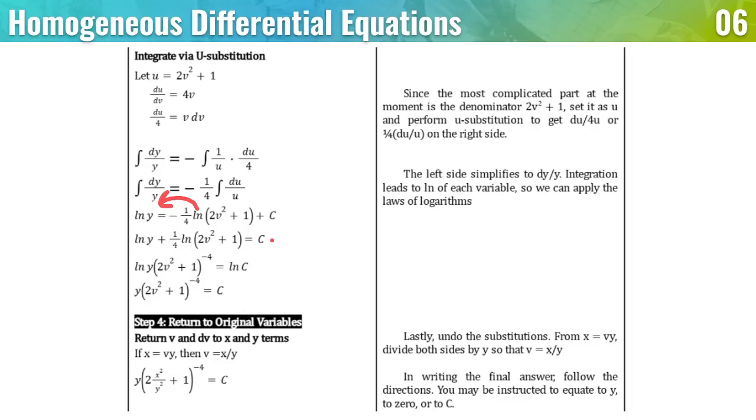If you prefer your final answers to be not in ln, what you could do is multiply them. So adding logarithms is equivalent to multiplying the numbers inside the logarithm. So you get y times 2v squared plus 1 raised to the power of negative 4.